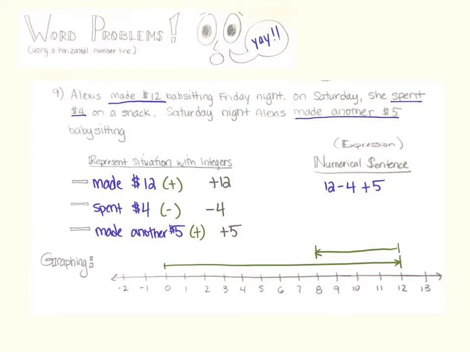Okay? Now from there, we have to add 5. So this means that $13 is how much Alexis has after those 3 transactions that she did.